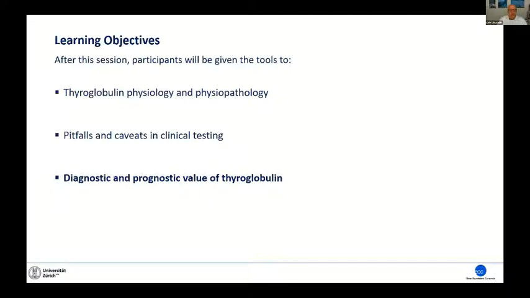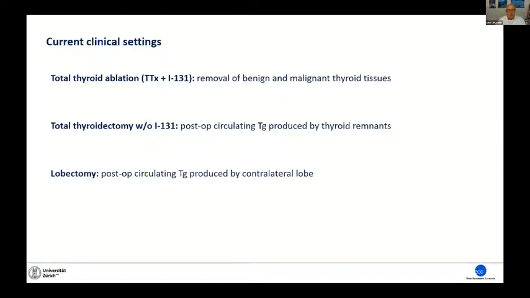So, assuming we can have a good thyroglobulin measurement, our laboratory may provide different methods to screen different potential artifacts and interferences, and now how to use thyroglobulin in our clinical practice. Of relevance, our setting changed greatly in the last years as we moved, especially in Europe, from total thyroidectomy and radioiodine for almost all patients to a more selective use of different approaches.